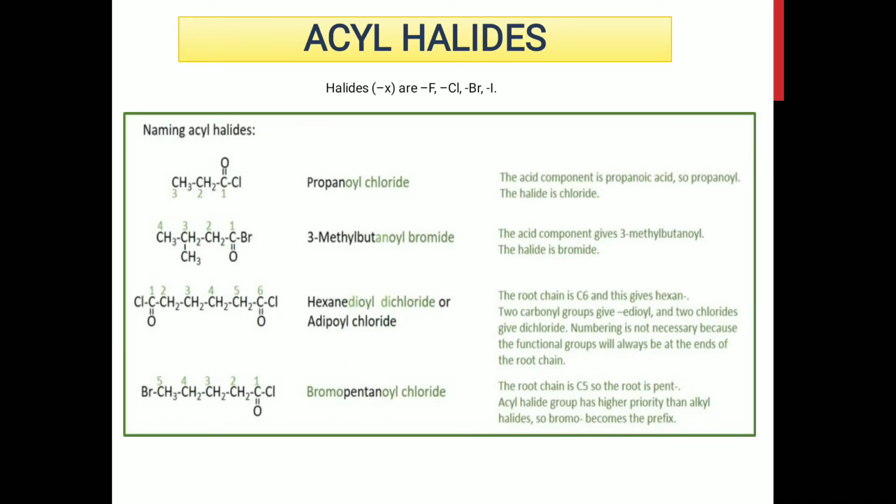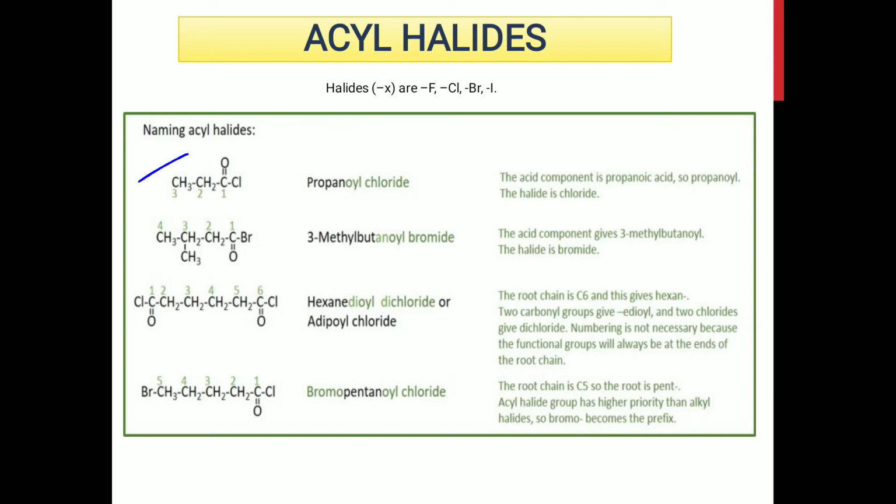So let us understand by this table. The very first acyl halide is CH3CH2C double bond O Cl. Here there are 3 carbons present in this particular chain, and we named the first carbon as the carbonyl carbon.